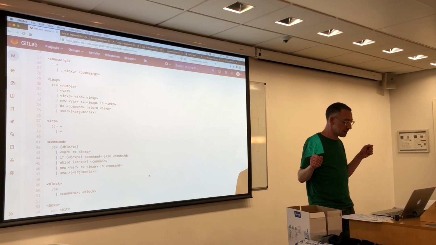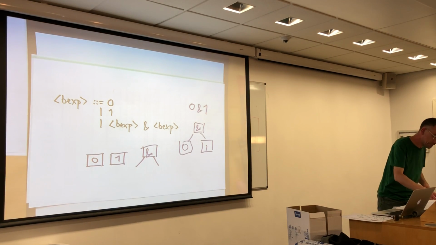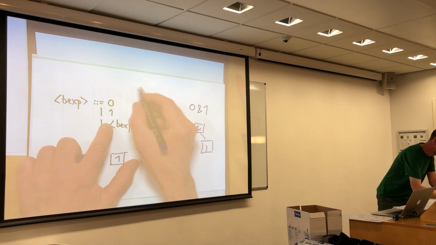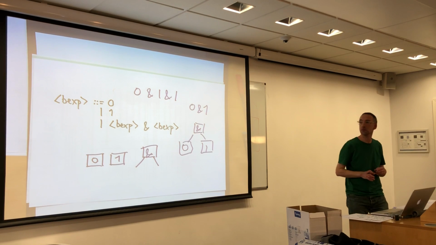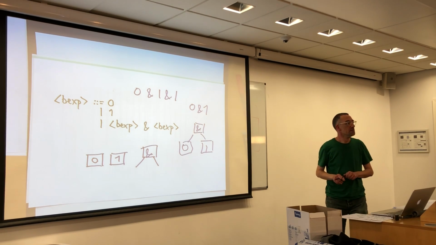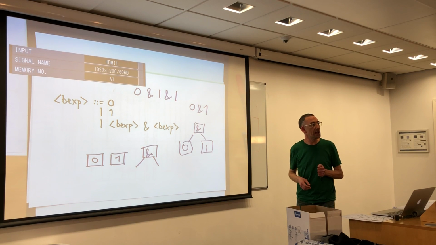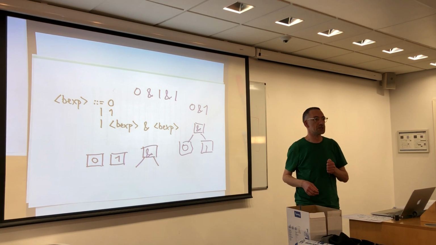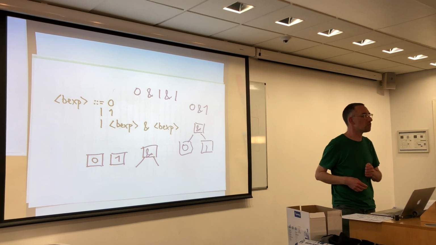So if I switch back to the document camera, at the moment, if you were to type in 0 and 1 and 1, then the trouble with that is that it's grammatically correct, but sadly, in more than one way.